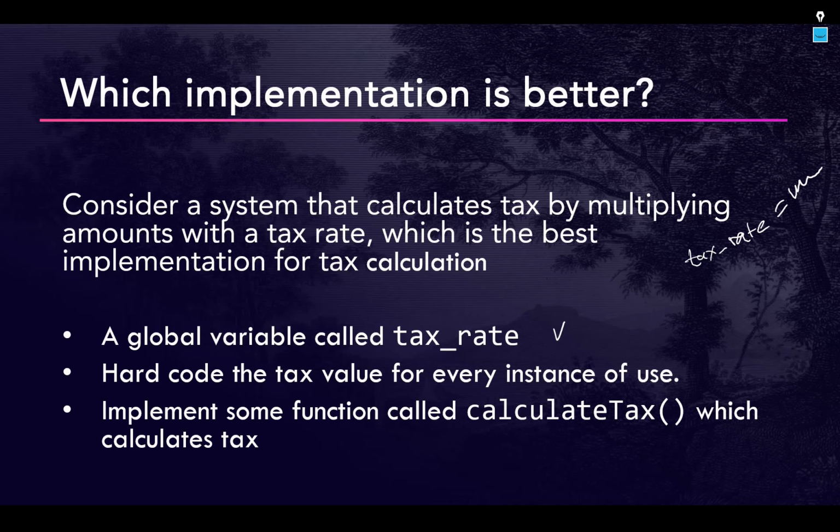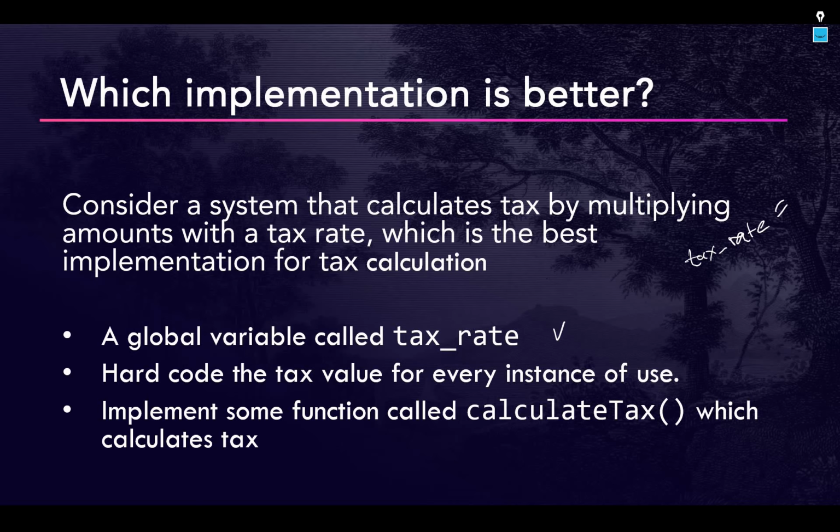But the problem with this one is, first, you might think that a global variable is not really good practice. And even if you implement some safeguards that disallow the mismanagement or the careless changing of this tax rate variable right here, this will still have an impact on mutation and side effects.